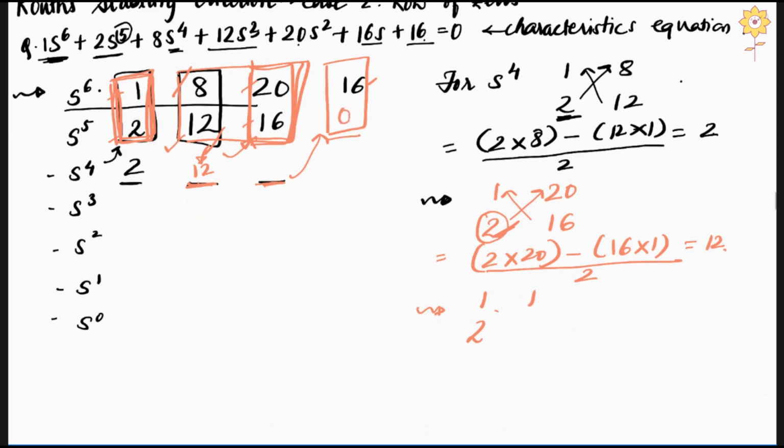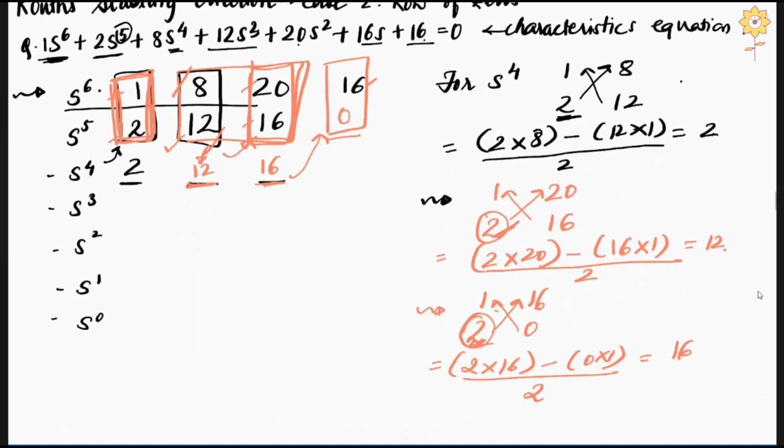So we will have 16 and 0. Then we will start cross multiplying from this particular position. So we will have 2 into 16 minus 0 into 1 upon 2, that is this number. After calculating, you will get the answer as 16 and we will write it over here.